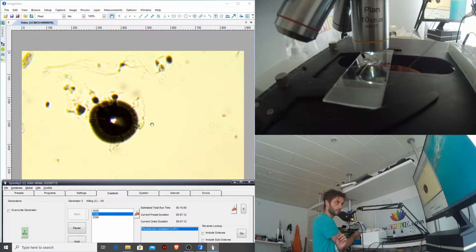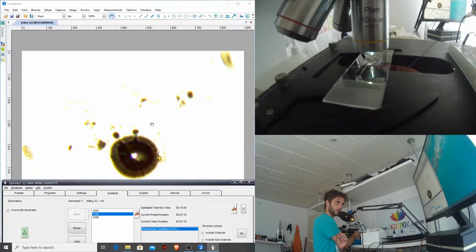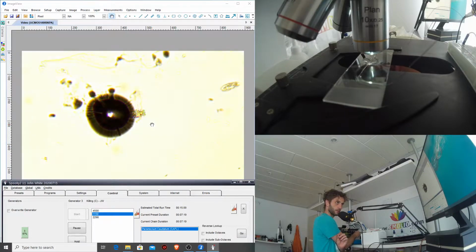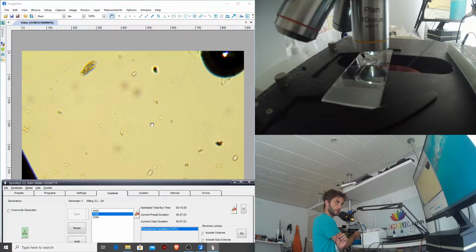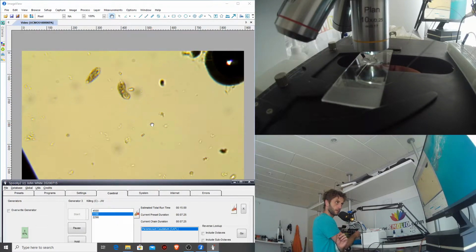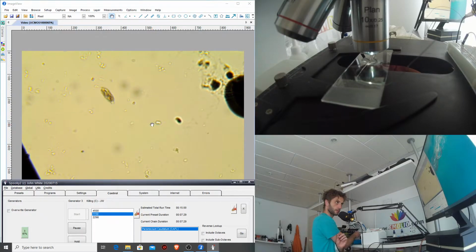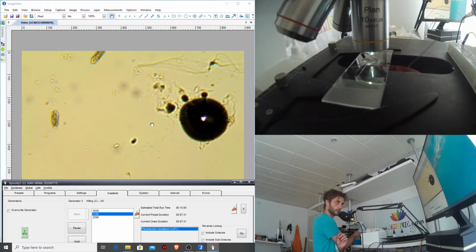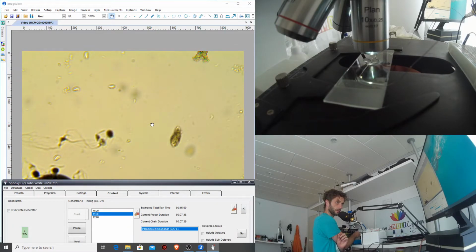There is one microorganism there, but okay, I can see here. Okay, it is alive. So I thought that was already dead, but it's not.